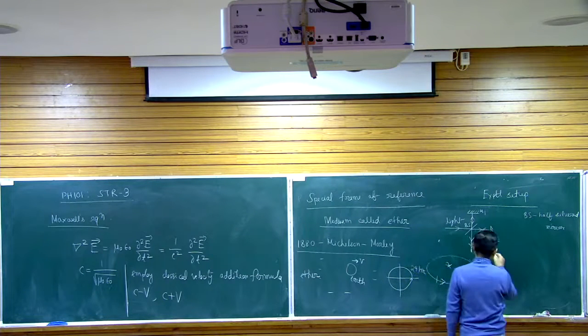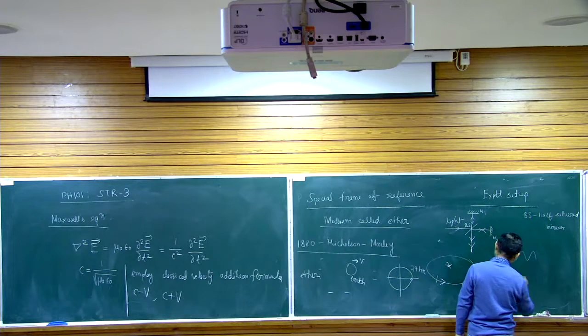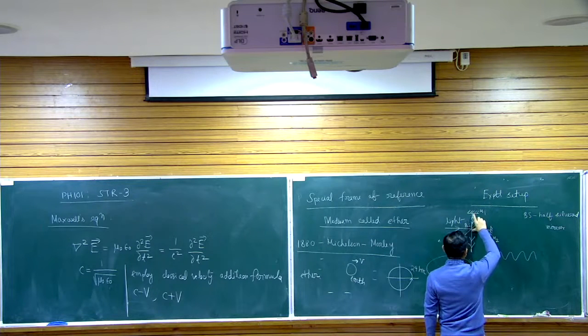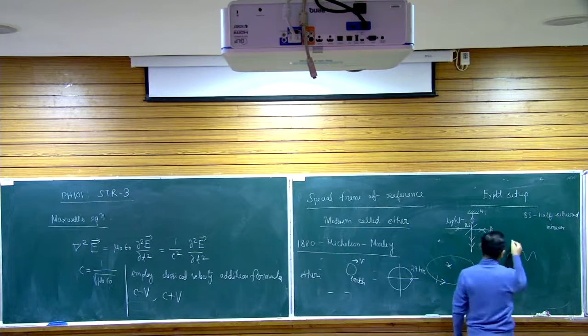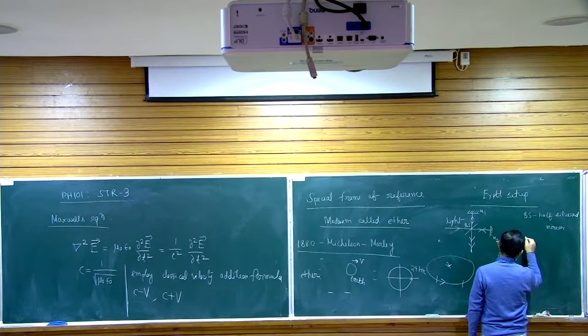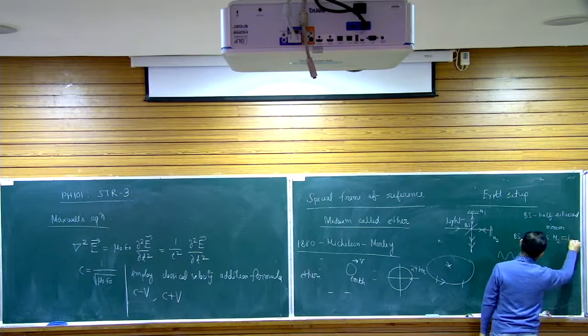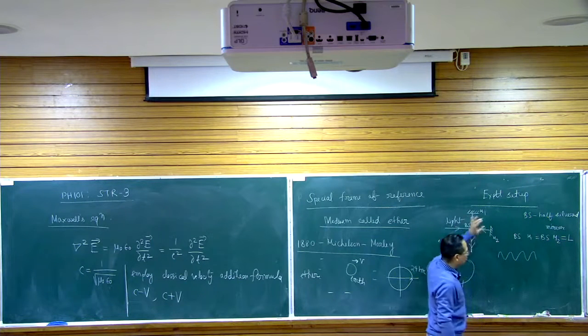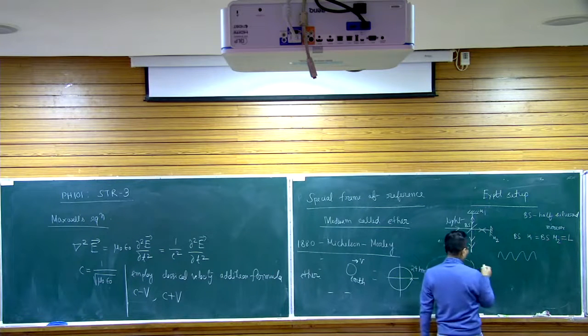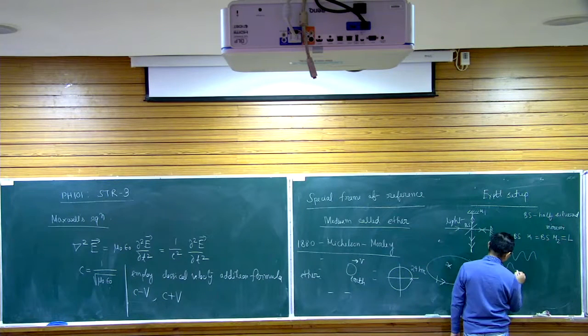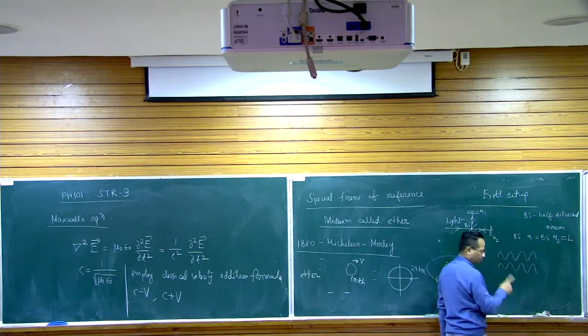You know that light is an electromagnetic wave. So if I write down the electric field, let's say one wave is like this, and if these two distances, the distance from BS to M1 and BS to M2, let's say BS M1 equal to BS M2, let's say equal to L. So if distances are made equal, then the two waves will be intersecting with equal phase.